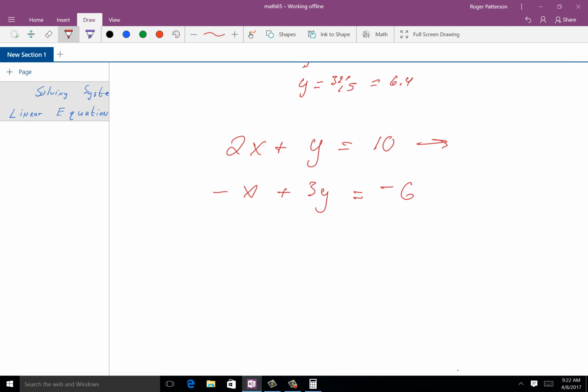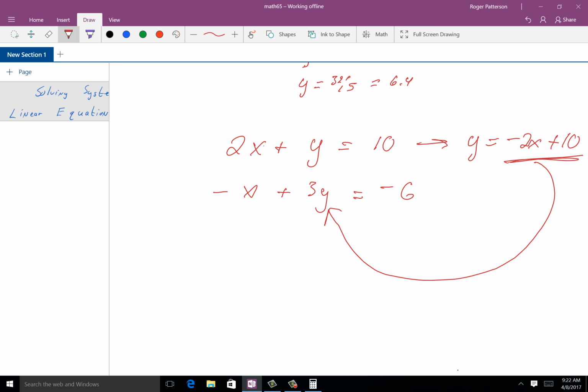Okay, so that means we're going to get y equals, what's that going to look like? Negative 2x plus 10. So now that I have that, what are we going to do with this negative 2x plus 10? It's going to substitute in for y right down there.